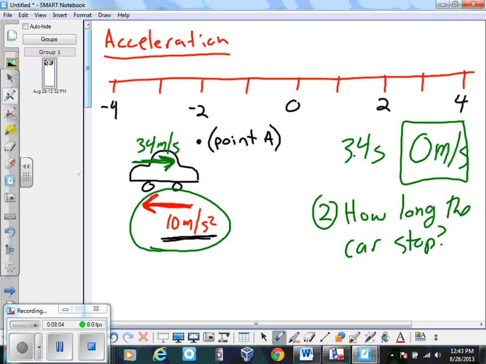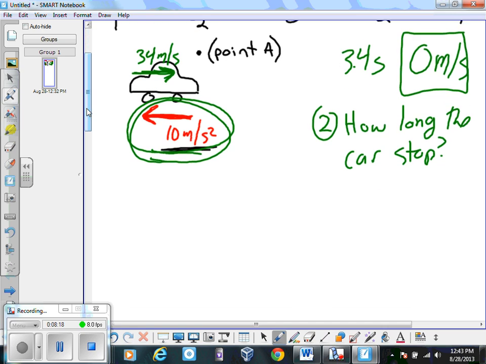So I want a time increment for how long the car will stop. Well, you might be thinking, I don't know. Does it stop indefinitely? Well, if we are continuing to have a change in velocity of 10 meters per second every second, then the very next instant after the stop, there will still be another change in velocity.